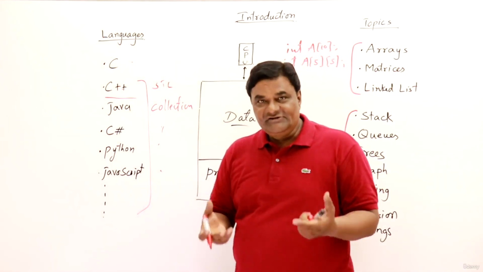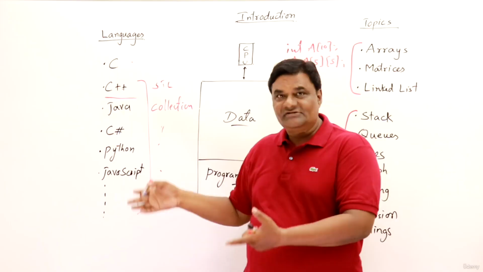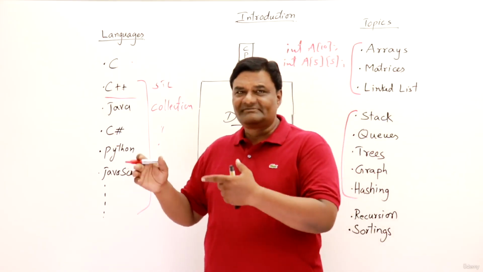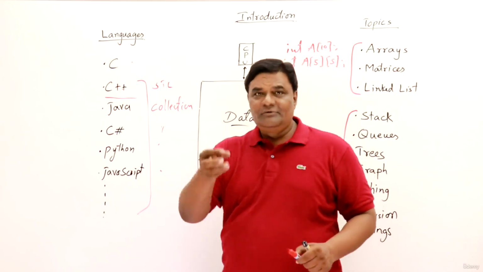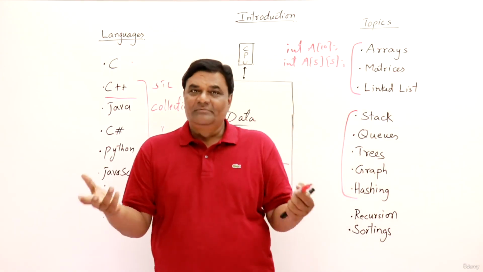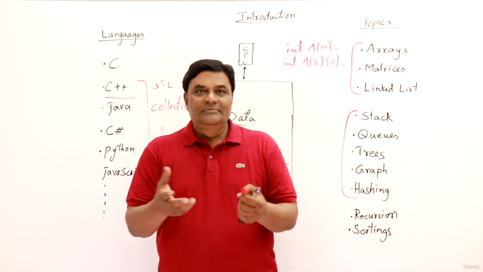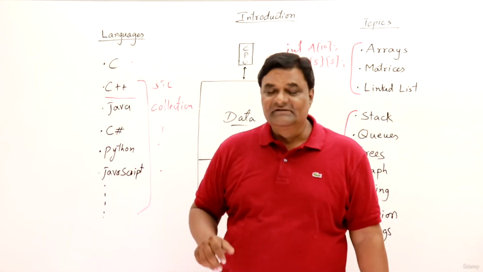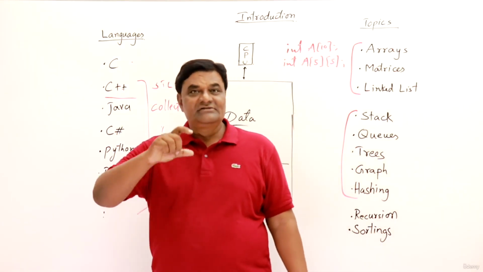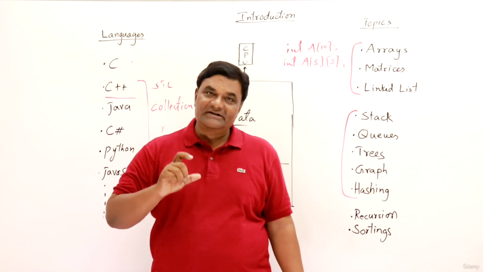The procedures or functions are available in every language, C, C++, Java, everywhere. The only difference is in C++ and Java, we put them inside a class. In C, they are open. They are global functions. But there are member functions in Java and C++. So I have used C language because I am showing you how to implement the operations.